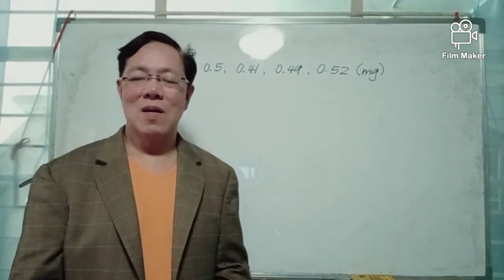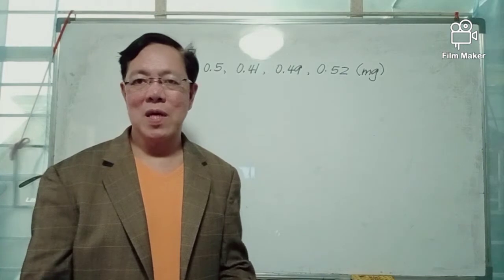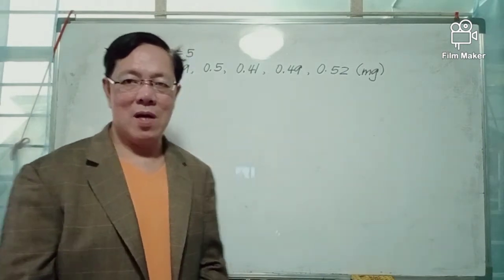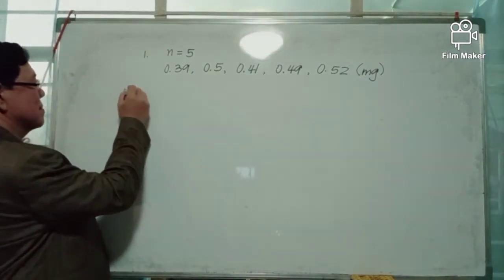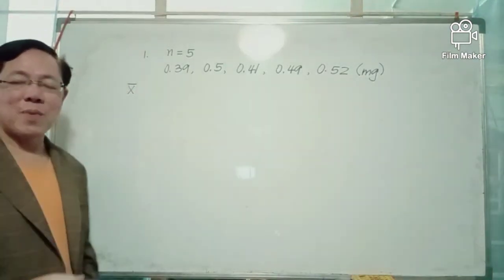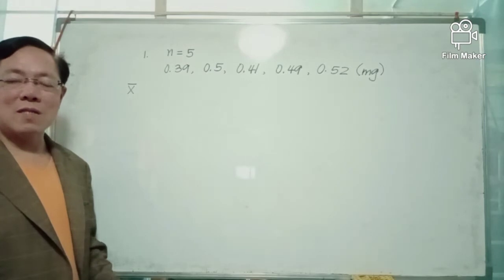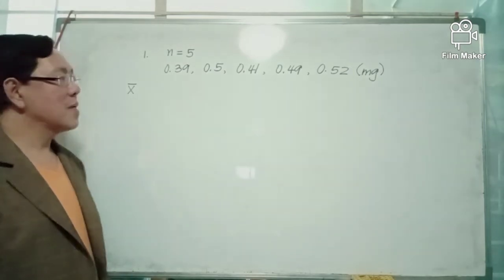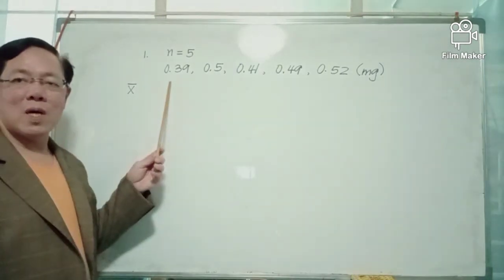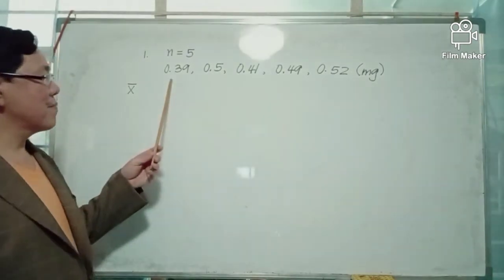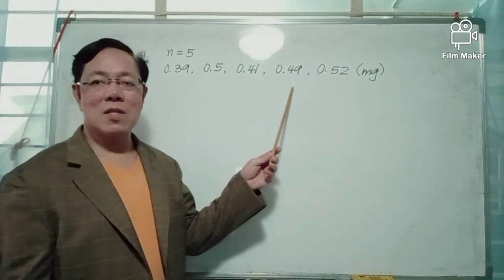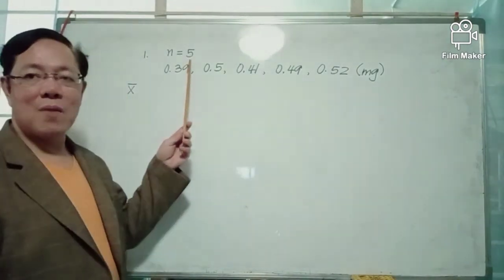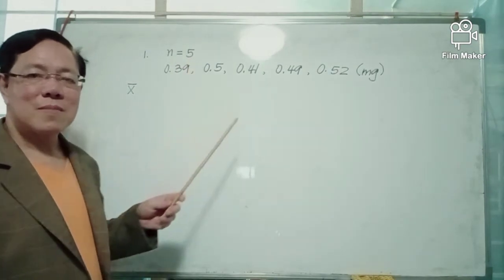Again, we write the formula for calculating the sample mean, denoted by x bar. X bar is equal to the sum of the data values taken from a sample. In our example 1, the values are the nicotine contents in milligram of a sample of 5 sticks of cigarettes.